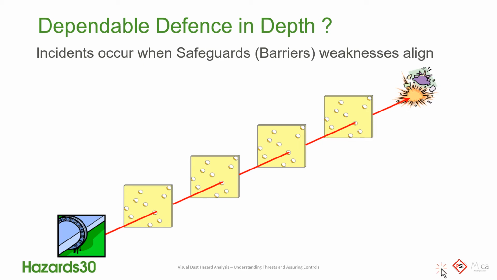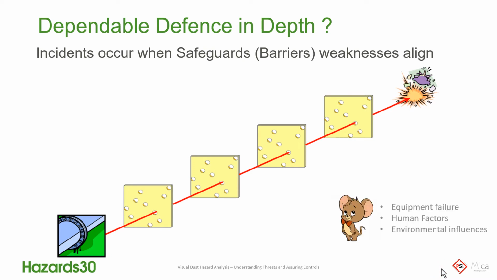But all these measures, these Swiss cheese slices, are imperfect or fallible. So the potential for an incident passing through these holes increases as we fail to maintain or sustain the integrity of our safeguards or our barriers.